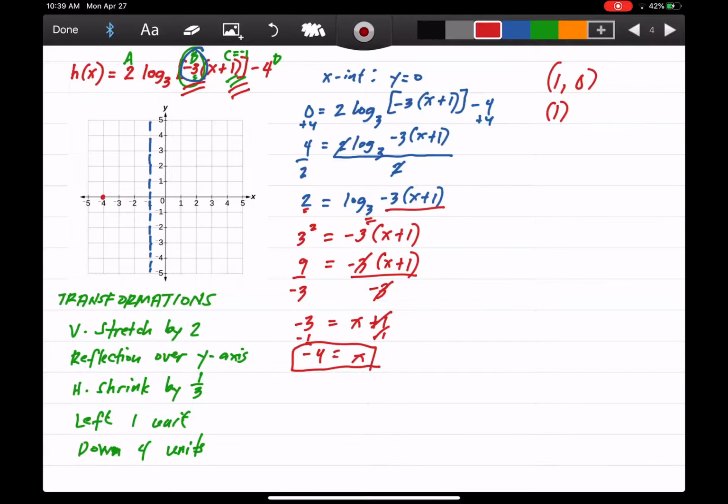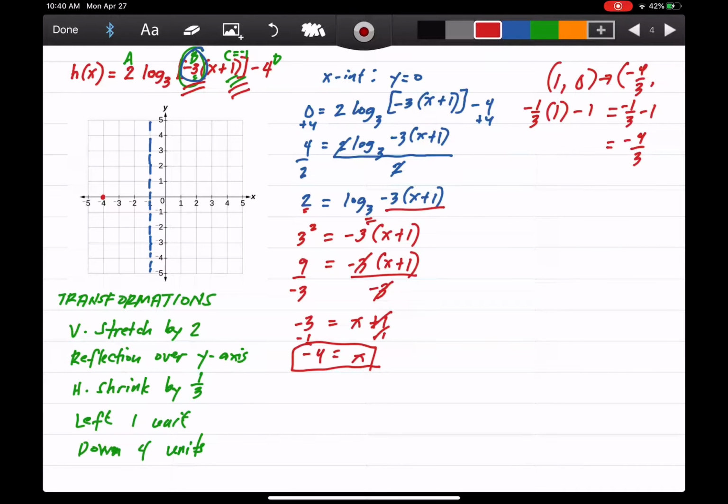Because it's a horizontal shrink. Of course, when you shrink, it has to be less than 1. Okay, so multiply by negative 1/3, and then we subtract 1. That's negative 1/3 minus 1, and it's equal to negative 4 over 3. Okay, express your answer in fraction if you want. And that's at negative 4/3.